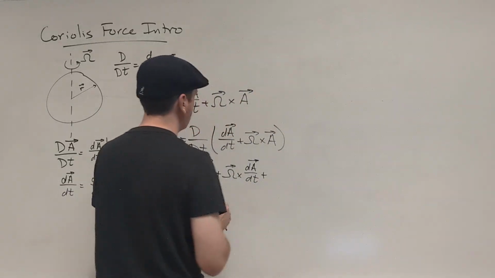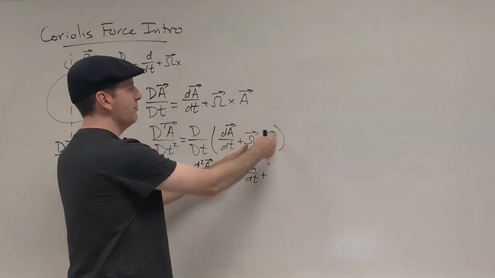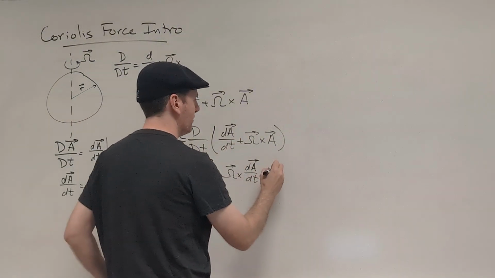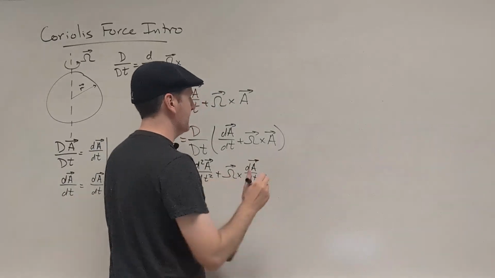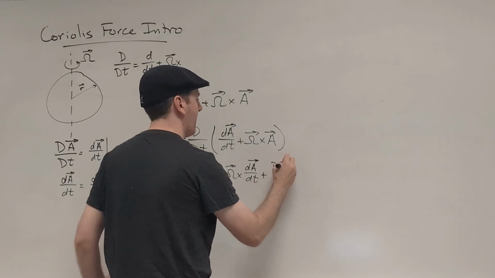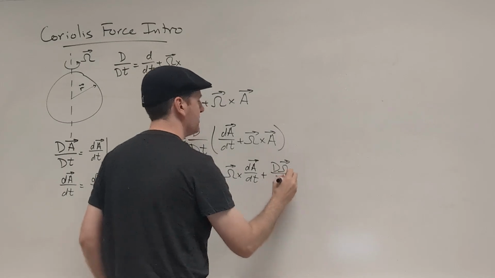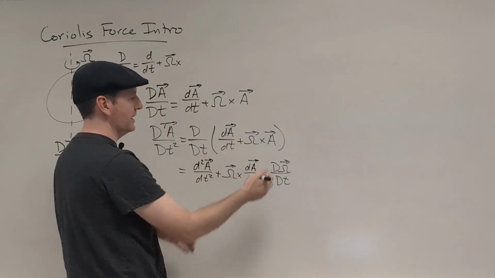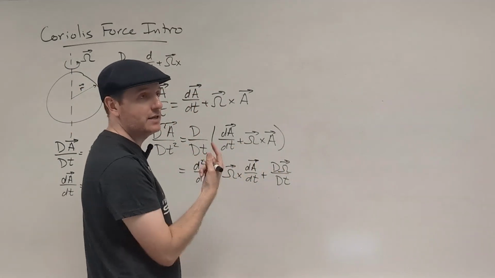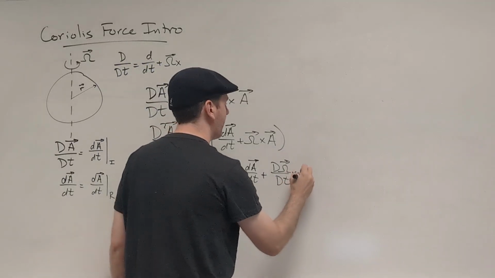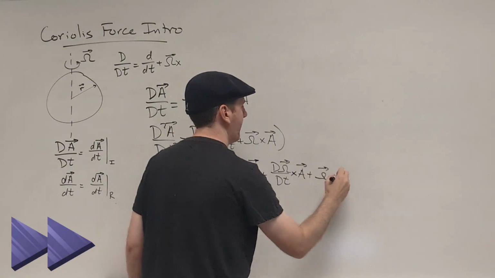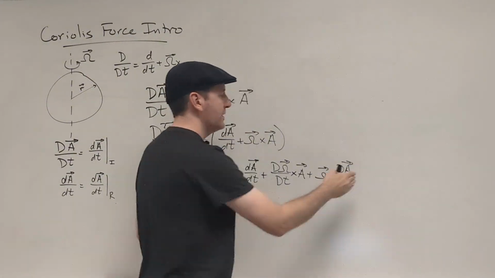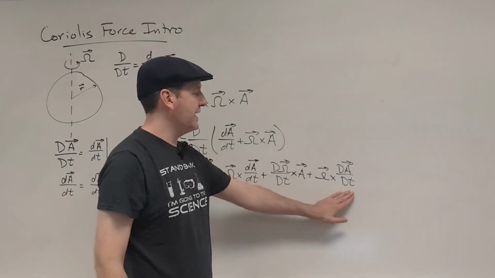So when I apply this time derivative here, I've got to do it to both pieces. Let's write that out carefully. That'll be the time derivative inertially of omega. I never said that omega had to be a constant. And then plus the inertial derivative of A itself.